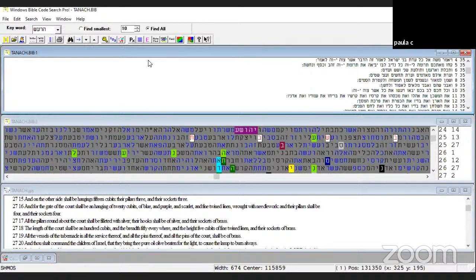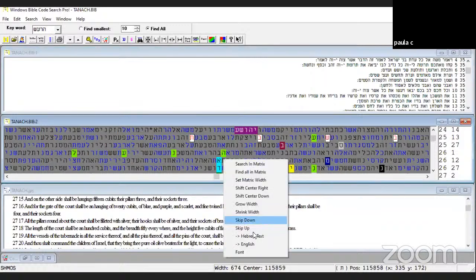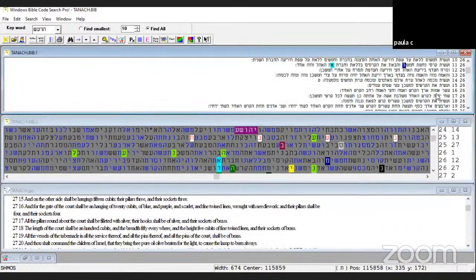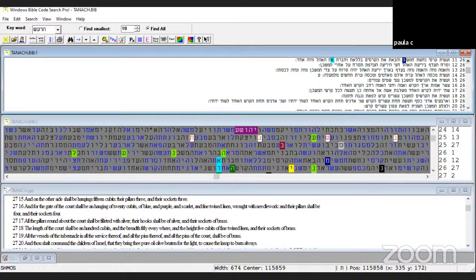All right, let me see where we were here. Right here, the Hebrew. Well, I've got that big black thing right in the way. Here we go.